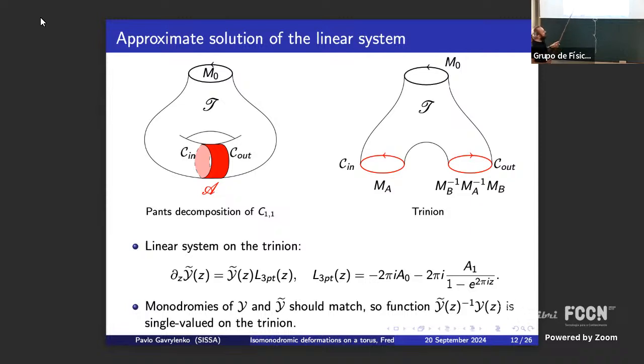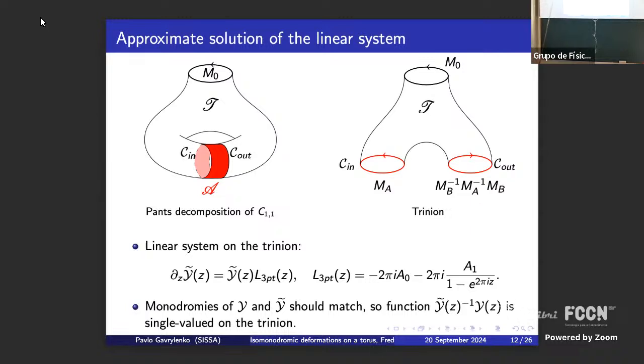So we take a linear system with these three singularities, which are here: plus and minus infinity and zero. There is some solution of this linear problem, which is written explicitly in terms of trigonometric functions. And we consider the ratio of two such solutions.